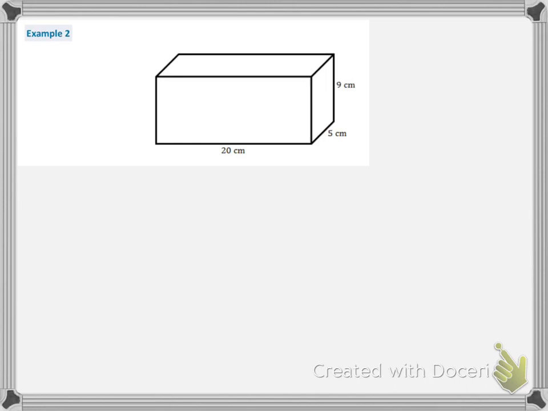All right, here's another example. Again, we're going to do surface area. So I usually do it this way. I go front, back, top, bottom, right side, left side, and then that gives me a column that I can end up doing my addition in. So let's do that.